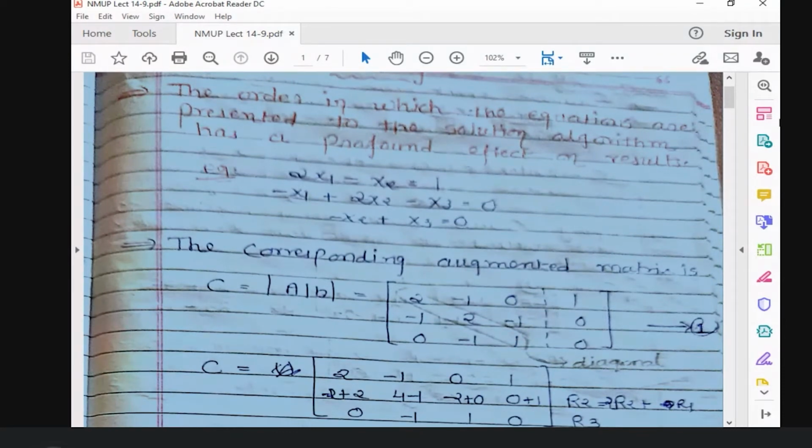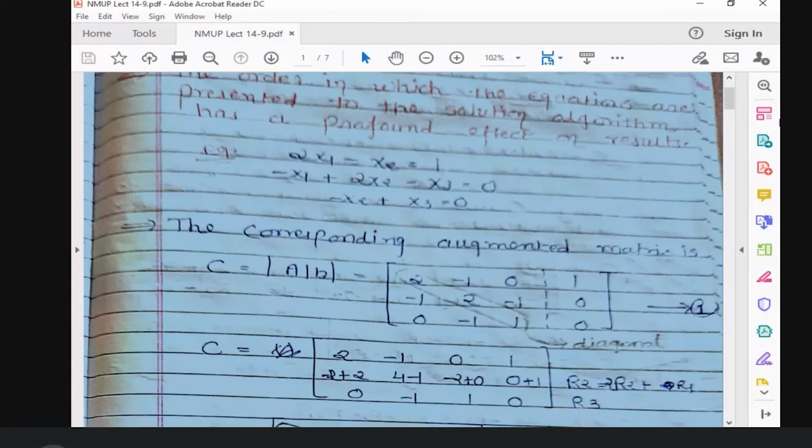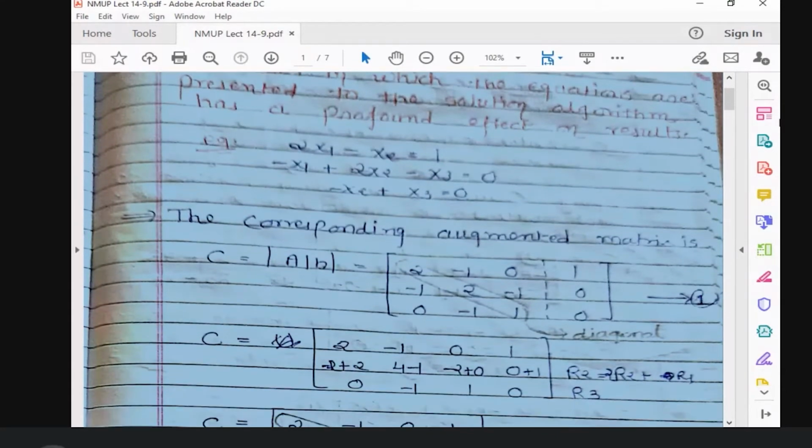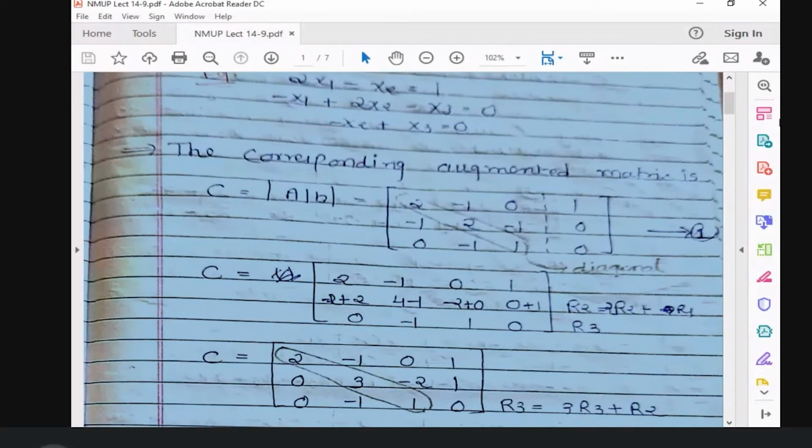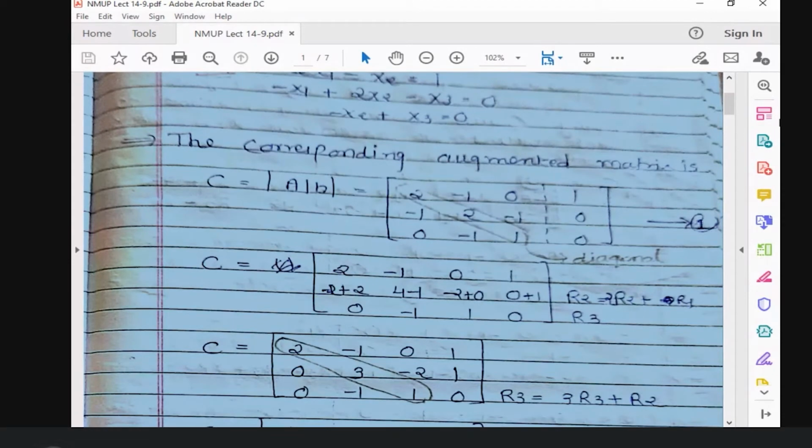So 2, minus 1 and 0. Now we have identified the diagonal. Then we perform the same row manipulation operations over here, right? Because we want to convert this matrix into the upper triangular format. So 2, minus 1, 0 and 1 is there.